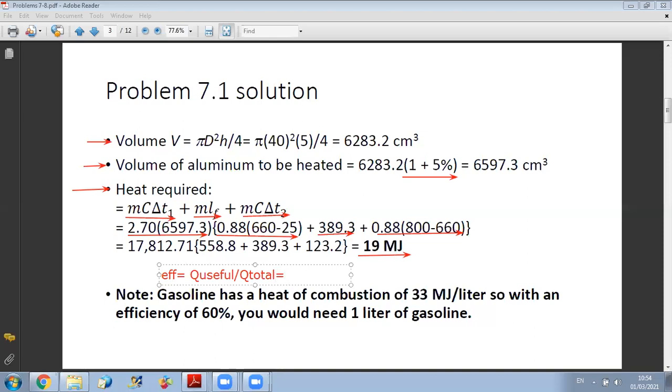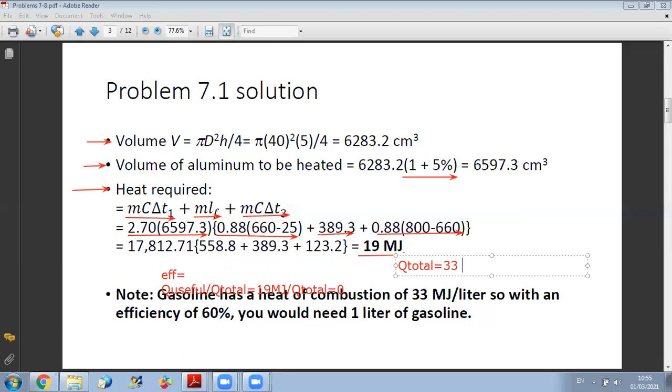So I can write here that useful heat provided is 19 megajoule and Q total is unknown. I want to find what is a Q total that is needed. Okay, now since the efficiency is provided, it's equal to 0.6, 60%. Then from here I can see that Q total is equal to 33 megajoule.